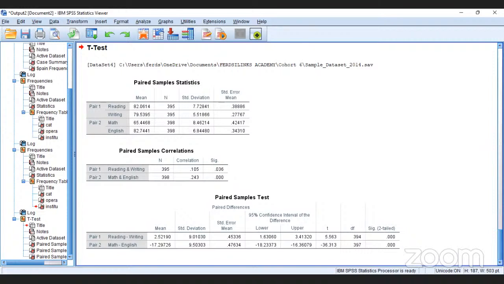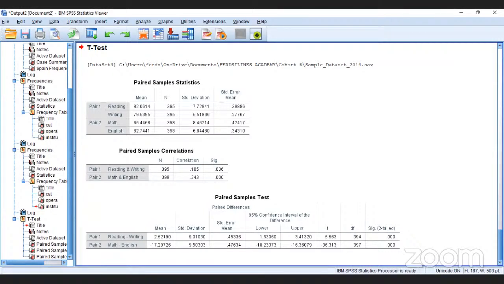Now, the question is, is that difference significant? That's where we go now to the paired sample t-test, right? So under the paired sample t-test, we are looking at the mean difference. For reading, we have a difference of 2.5. You know where that mean is coming from, right?